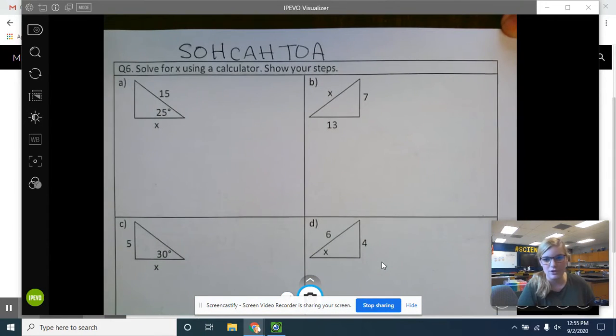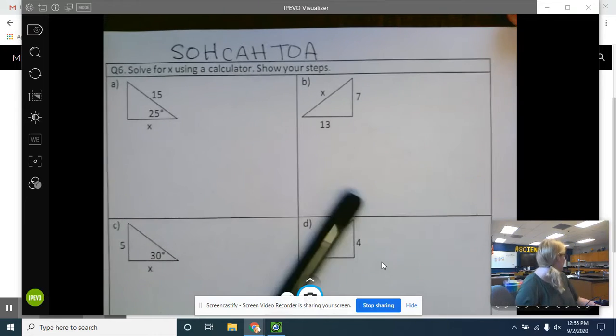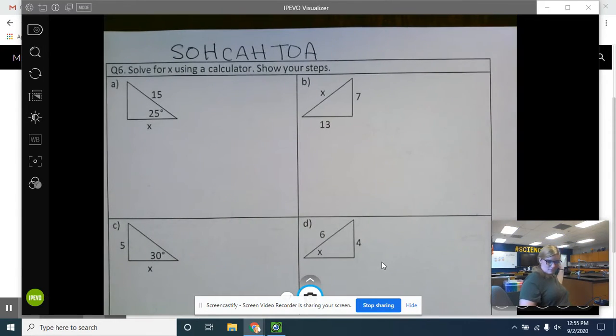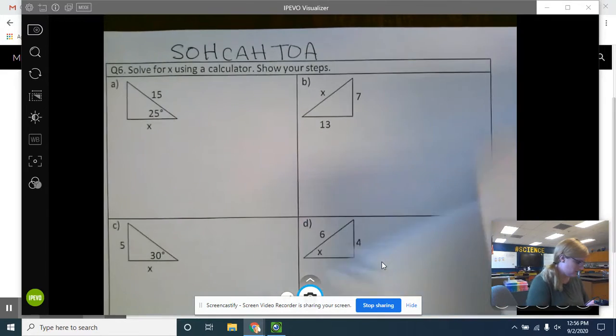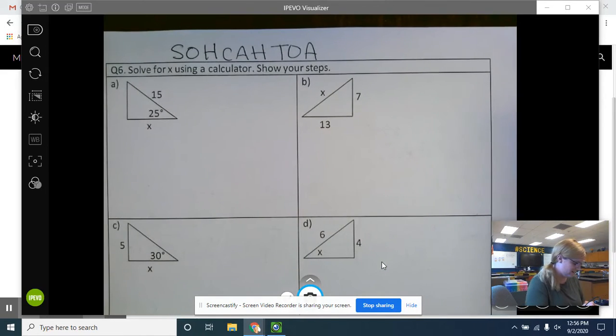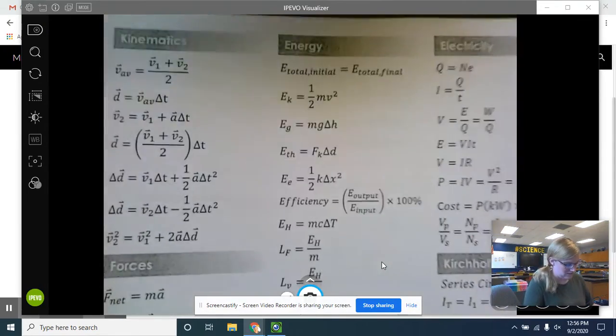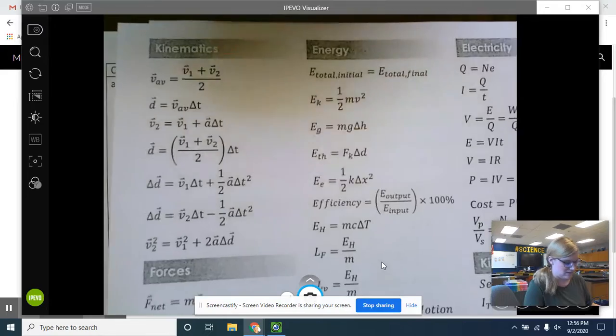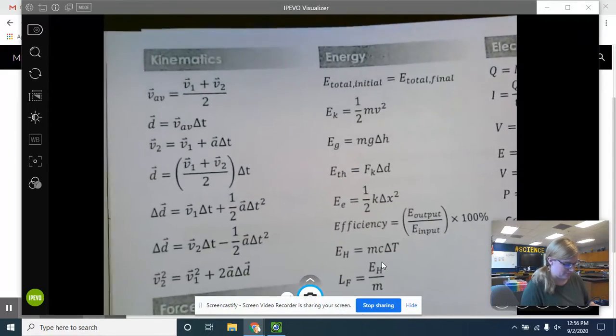Now you will have your equation sheets. I thought I had one handy. Hold on. So you'll have 3 equation sheets for all the equations for the entire year, sorry. You will see that we're going to start off with kinematics. That's the first lessons that we're doing.